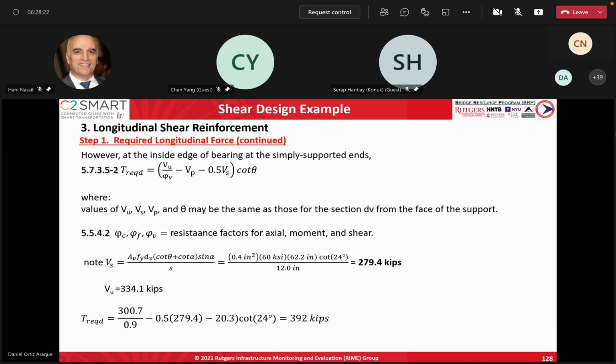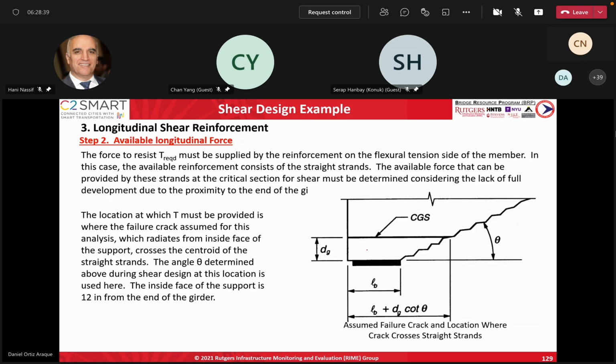And now, the force required will be that divided by the resistance factor of 0.9, so the answer will be 392 kips. The force required to resist must be supplied by the reinforcement on the flexural tensile side of the member.